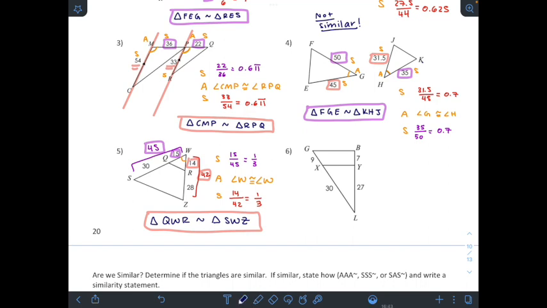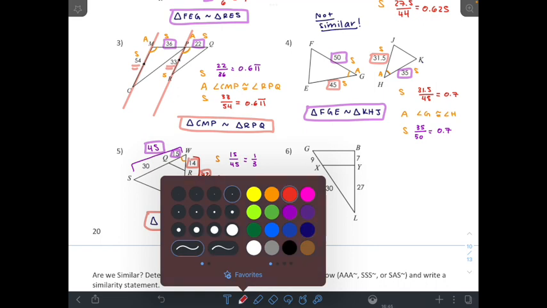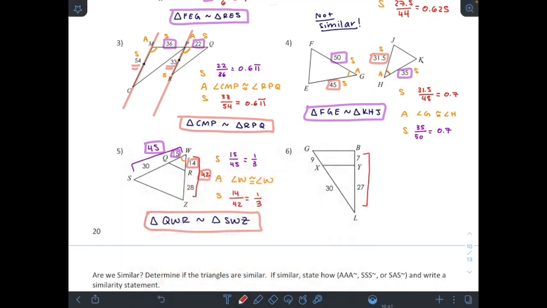All right, and then the last one, again, I like to start out by getting that missing information. So the full side length of that bigger triangle would be 34. So I'm going to be able to compare that with 27, which is that corresponding side on the smaller triangle.